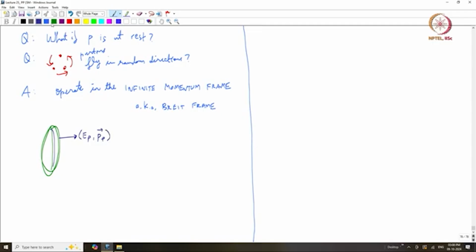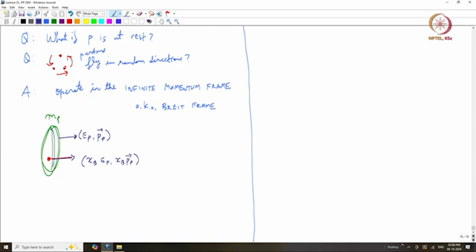And the proton has mass MP, of course. Now the parton I am going to draw with red. And the parton carries momentum XB EP, XB PP. That is a 4 momentum.